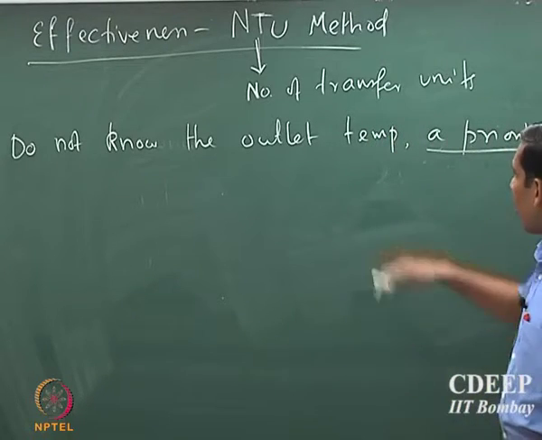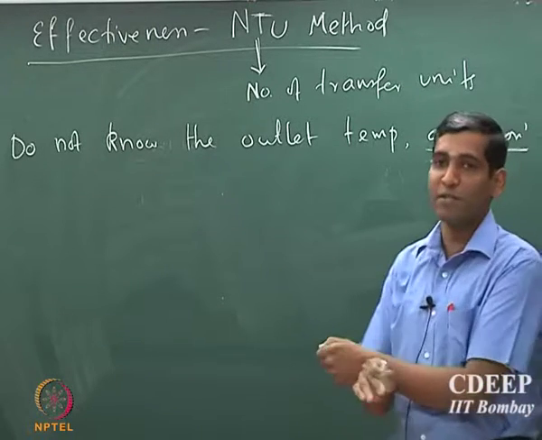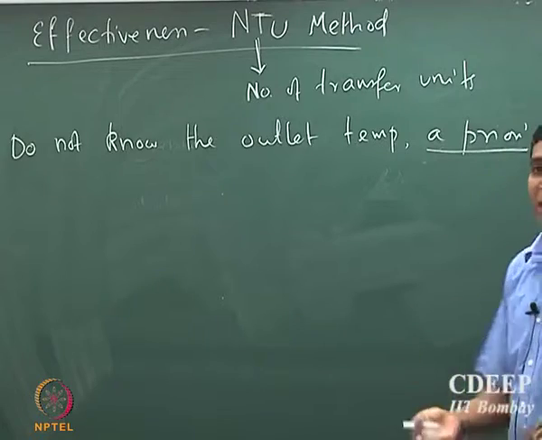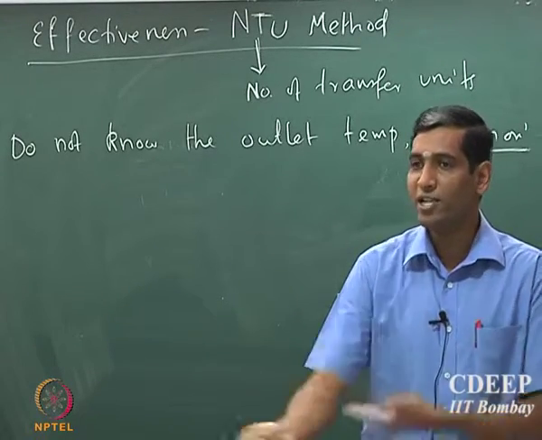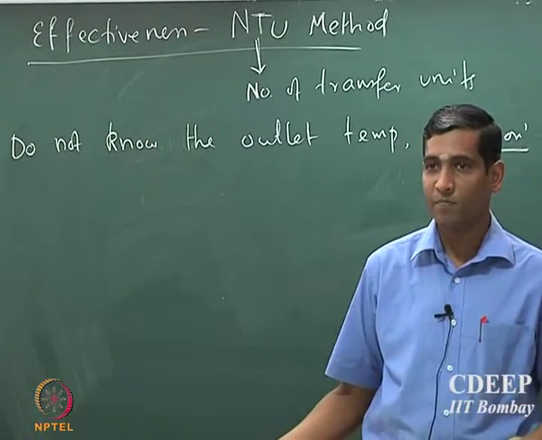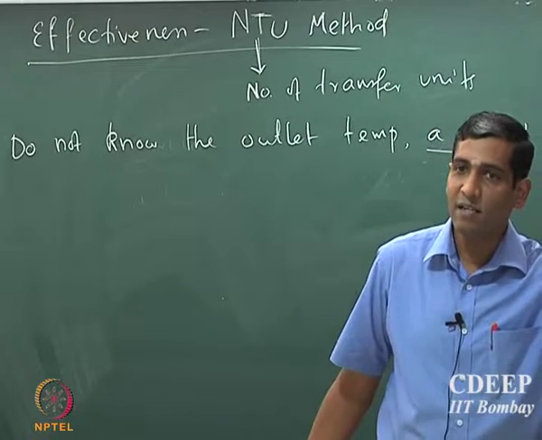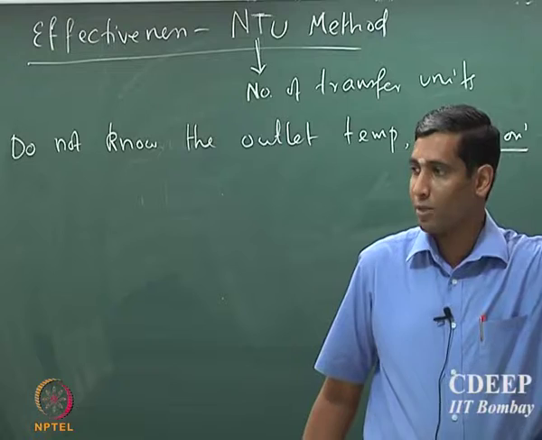Therefore, often you may not know what is the exact outlet temperature, or sometimes it could be vice versa. Your outlet temperatures may have been specified because you may know what should be the inlet conditions for a reactor, but you may not know what is the inlet conditions for the heat exchanger because it comes from some other process.